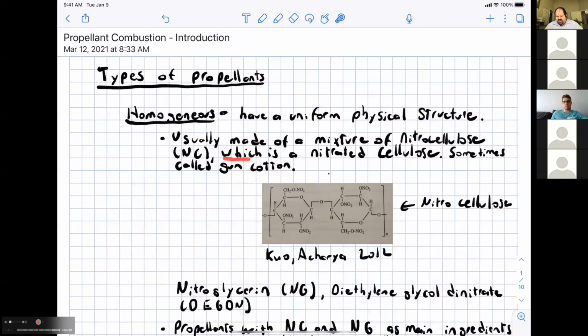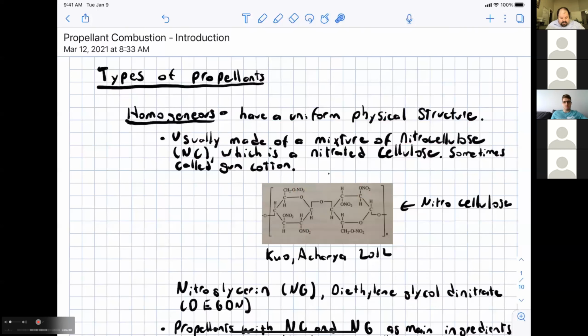Basically, nitrocellulose is just a nitrated cellulose structure. It looks a lot like cotton, but it burns very rapidly because of these nitro groups that are attached to it. And then because it's a burnable cotton and it's used in guns, it's often called gun cotton, which you may have heard that term before in the past.